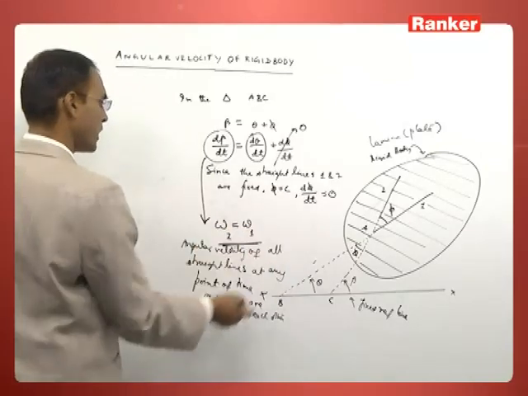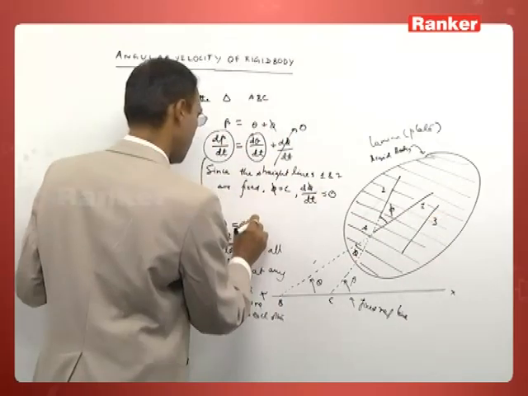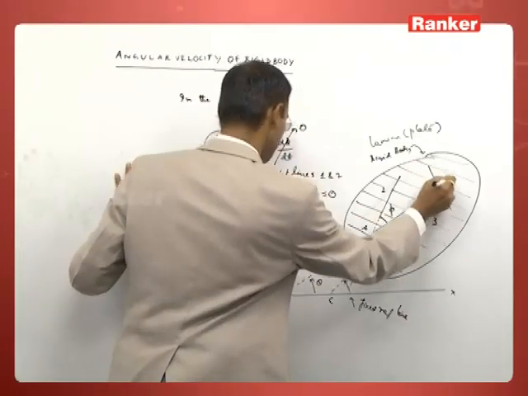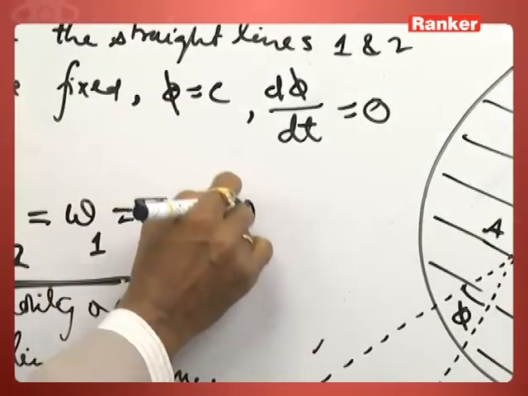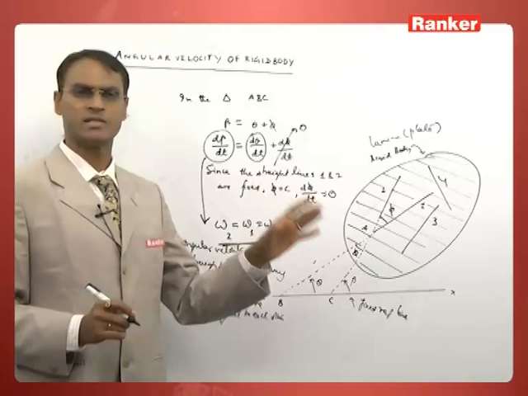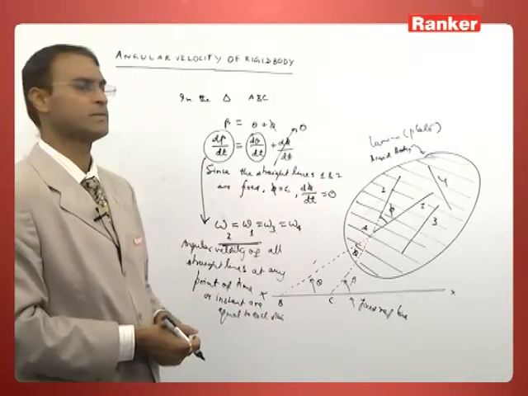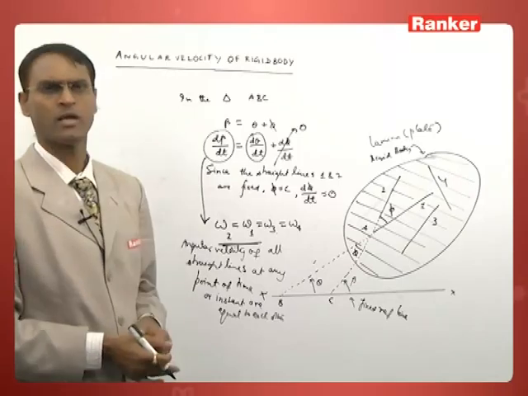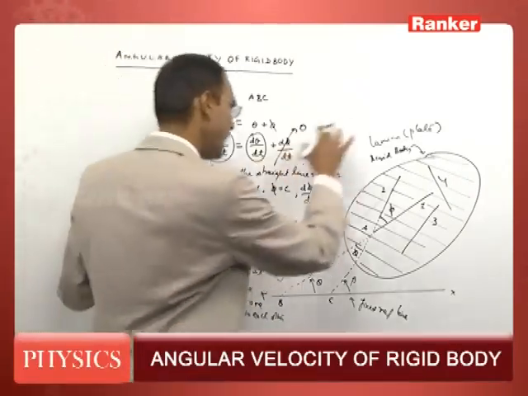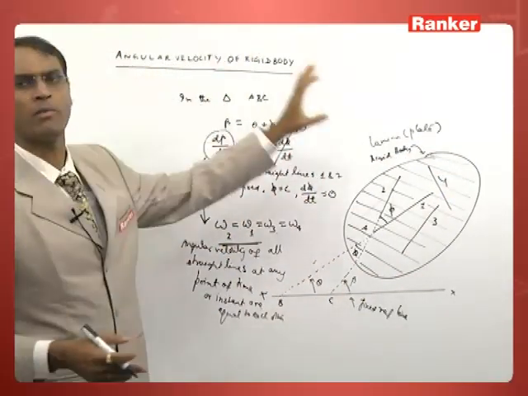Omega 2 is equal to omega 1. If I draw another straight line, 3, it will be equal to omega 3. If I draw another straight line, 4, its angular velocity omega 4 will be equal to omega 3. In this way, all straight lines drawn inside the rigid body or on the plate will rotate with same angular velocity, and that common angular velocity is called the angular velocity of the rigid body.